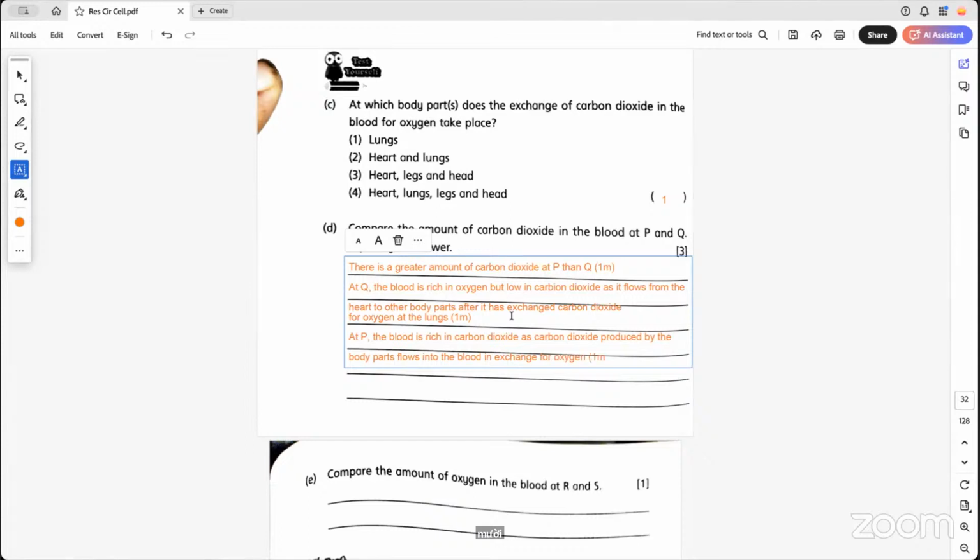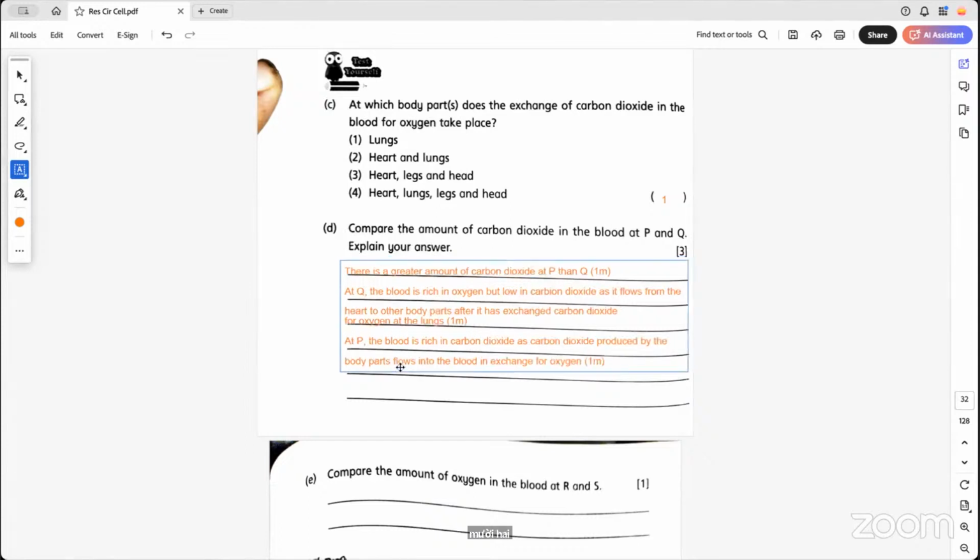This will give you the last 1 mark that you need to score the full 3 marks.